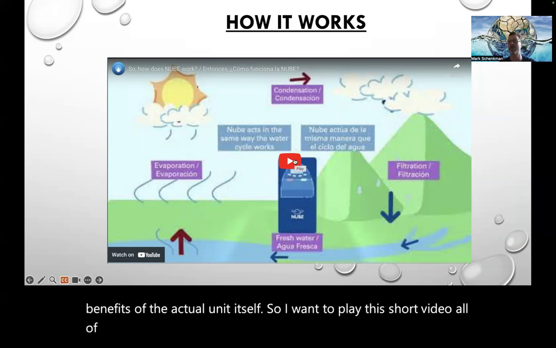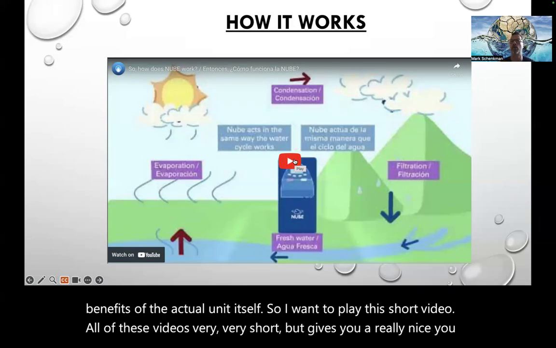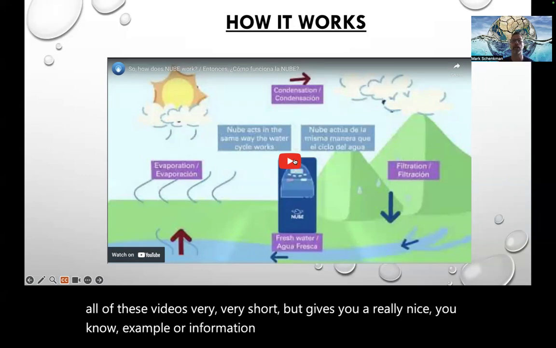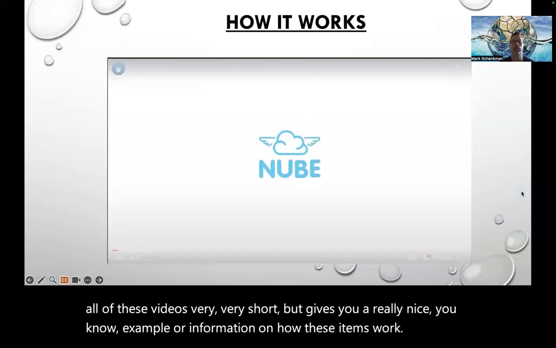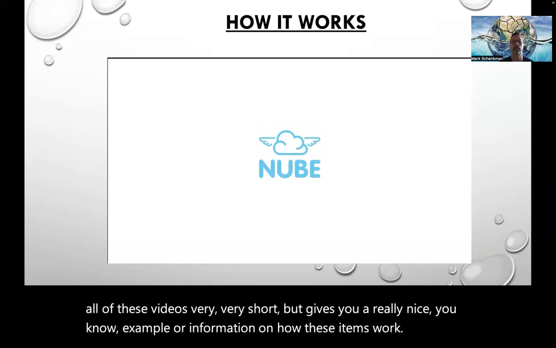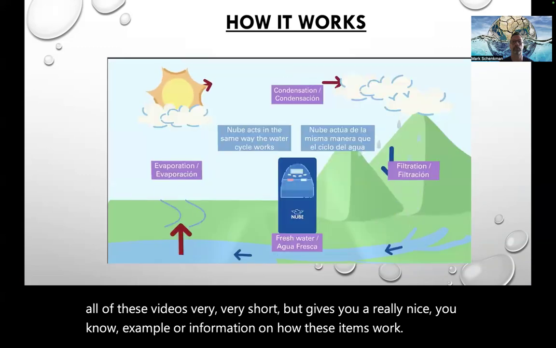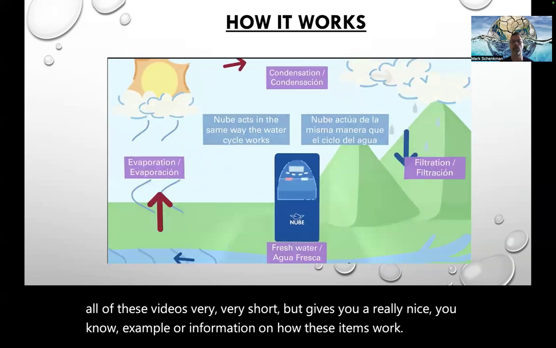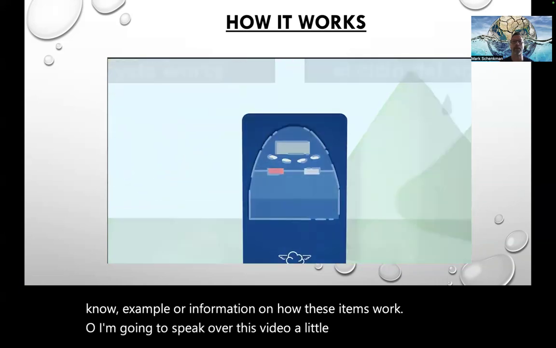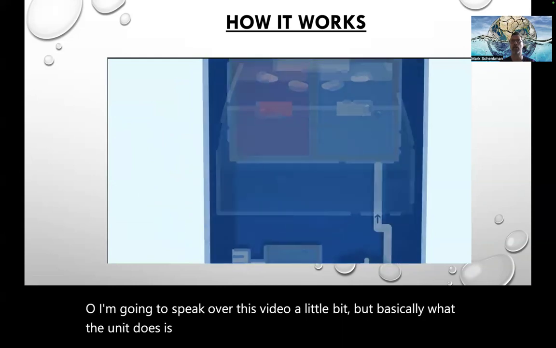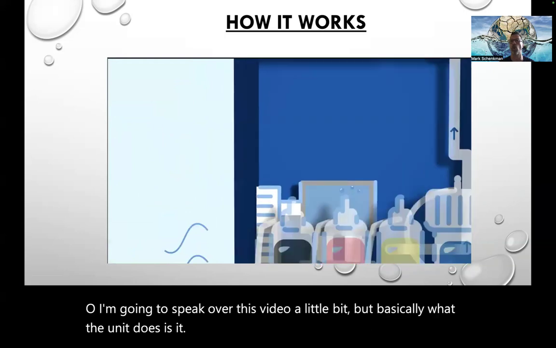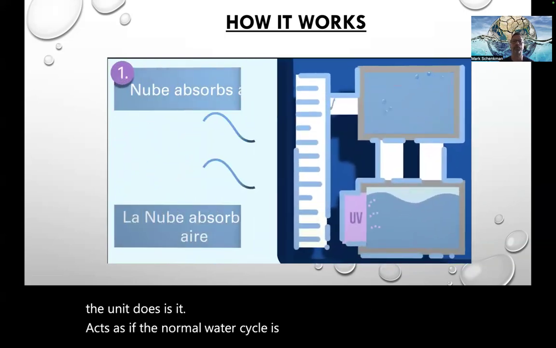All of these videos are very, very short, but give you a really nice example or information on how these items work. So I'm going to speak over this video a little bit, but basically what the unit does is it acts as if the normal water cycle is occurring.